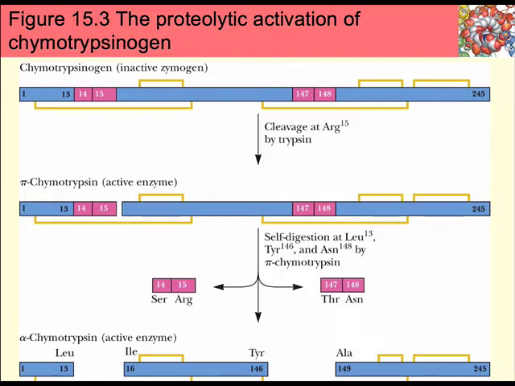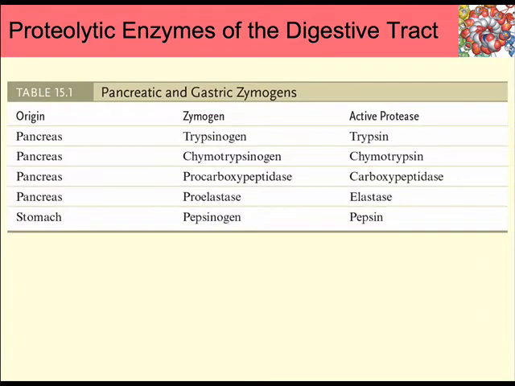And proteolytic cleavage of that long zymogen gives you a couple of smaller pieces, the pi chymotrypsin form, which is actually two peptides linked by a disulfide bridge. And then further cleavage gives you the alpha chymotrypsin, the active form of the enzyme, which really comes in three parts, essentially.